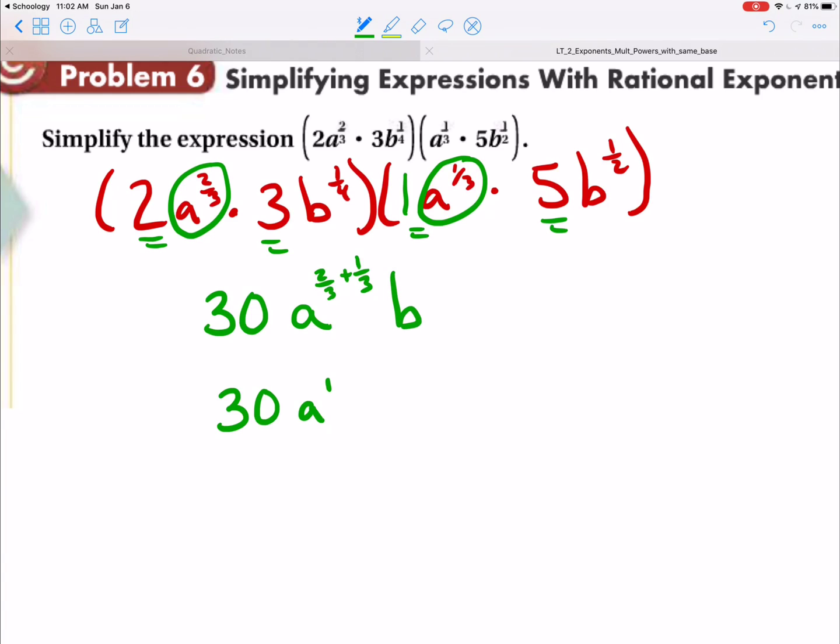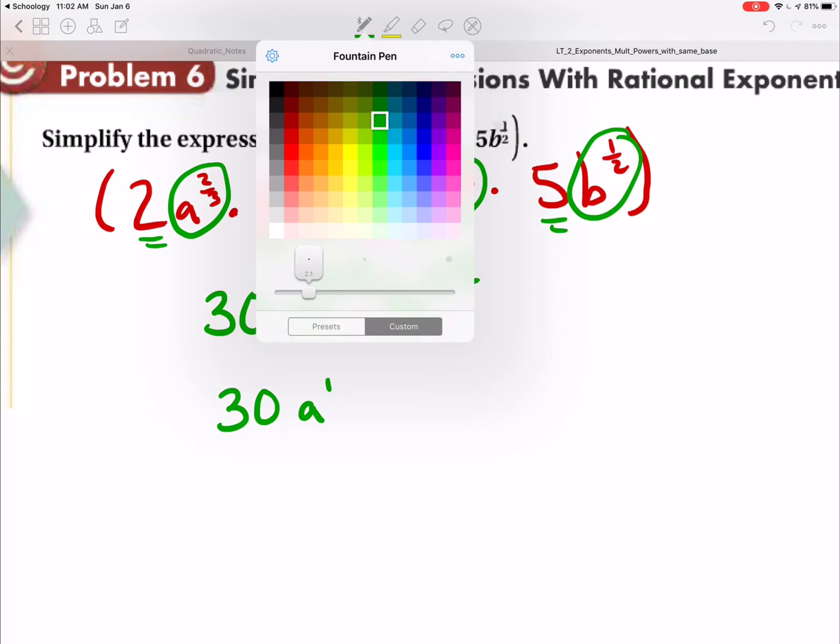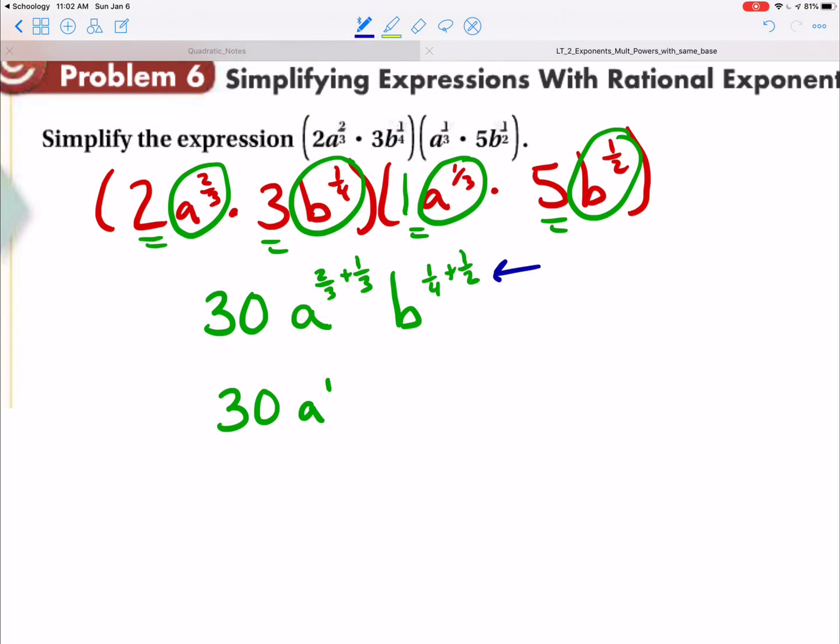The b value, I've got b to the 1/4, b to the 1/2. I need to do 1/4 plus 1/2. Now the key to this is knowing that you need to have a common denominator. When you add and subtract, you need a common denominator. So 1/4 plus 1/2, I'm going to make this 4.